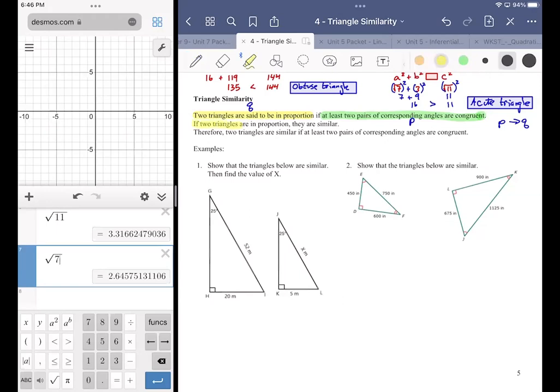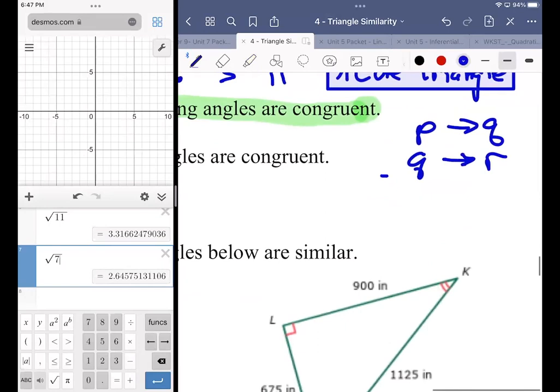That's just a repeat of the previous statement, except now it's a premise. Two triangles are in proportion, so that's Q, implies they are similar, that's new, so we'll call that R. So Q implies R. From this, we could apply the law of syllogism and state, therefore, P implies R by the law of syllogism.